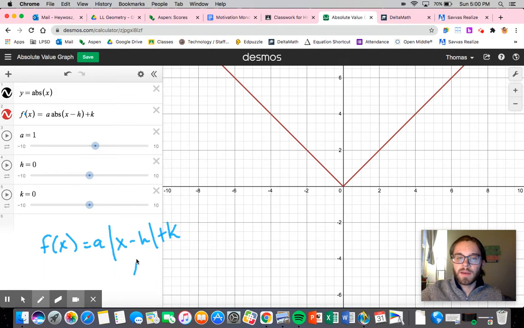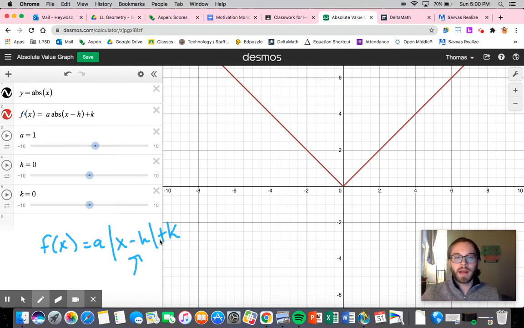And we do need to be careful of this, right? Because this is the minus in here, just like before when we were transforming linear functions. Same thing. So when you have the negative on the inside, that's the same as going to the right, and the positive will go to the left.